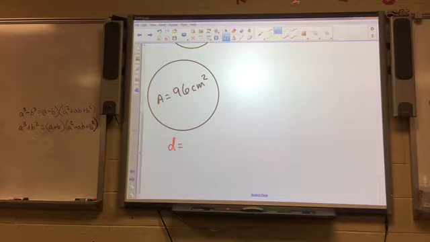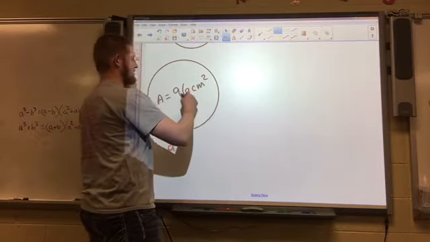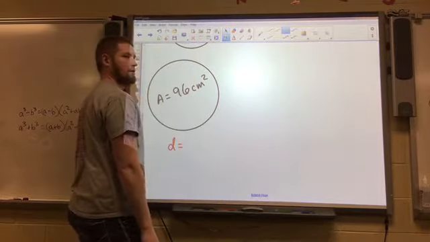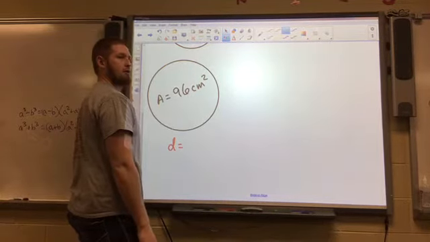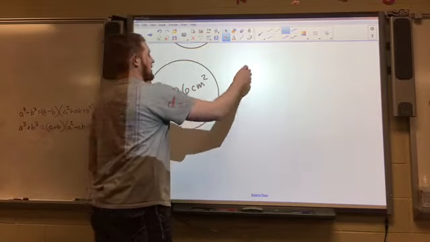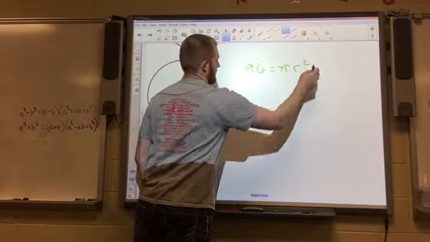No, there's not. But we do know a relationship between area and radius, right? So in a circle, area equals pi r squared. In this case, do I already know my area? So instead of area equals pi r squared, it's going to be 96 equals pi r squared.